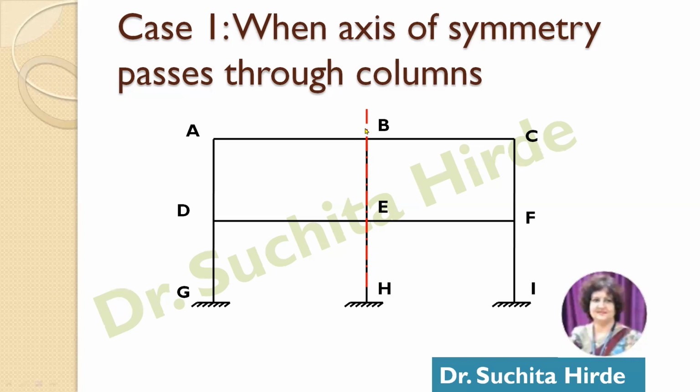So what are the conditions at joint B? That it cannot move in vertical direction, it cannot move in horizontal direction, and it cannot rotate also because slope at axis of symmetry is always 0.